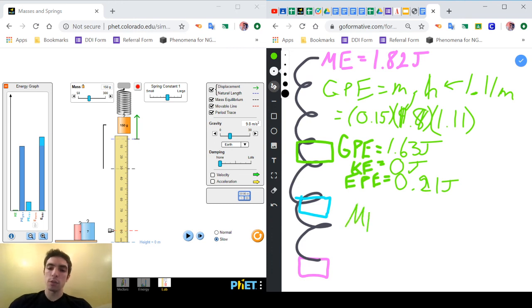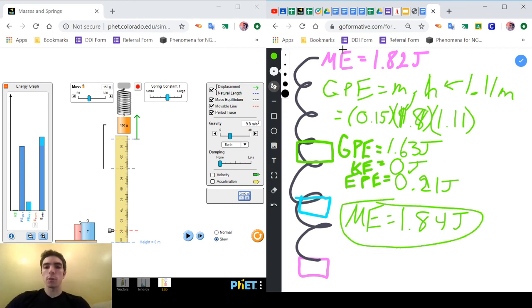And what that does for us is that when we calculate the mechanical energy, which again is just the sum of all 3 of these types of energy, 1.63 plus 0.21, so that's our gravitational potential plus our elastic potential energy, 0.21, we get 1.84 joules at that second point, the highest point in the oscillation, which is pretty close to the mechanical energy that we got at the lowest bottom point.